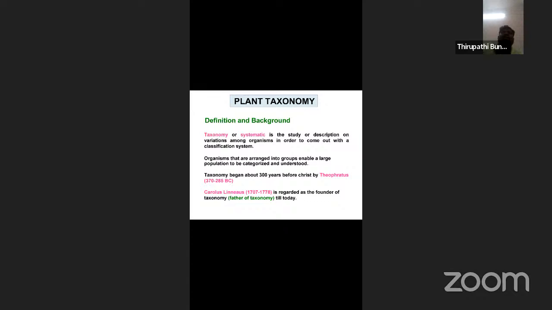But more work on this classification or taxonomy was done by the scientist Carolus Linnaeus. He is the father of taxonomy, regarded as the founder of taxonomy.